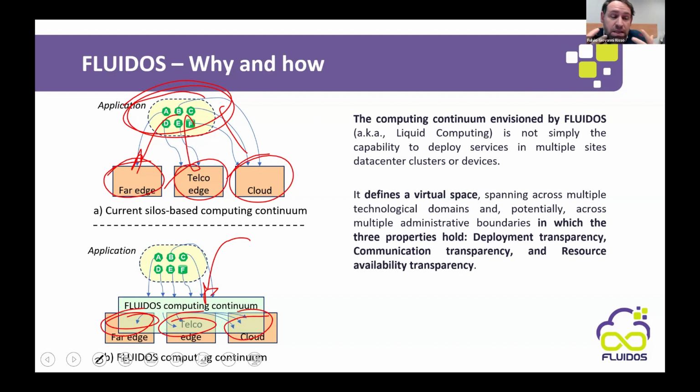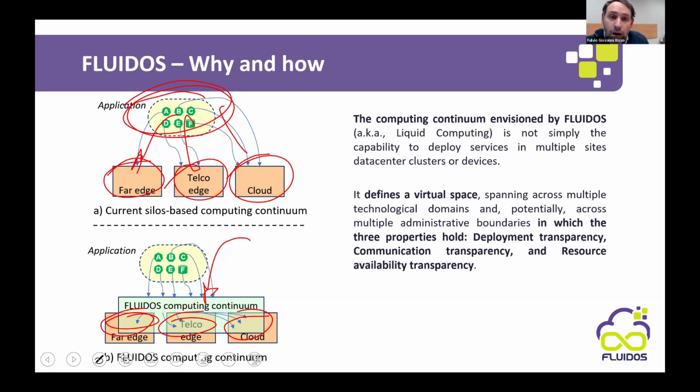So that's, in a sense, what we aim at doing in the FLUIDOS project. Our objective is to create the software primitives to create this virtual space that is highly dynamic, that supports the deployment of services and applications across a huge amount of devices, servers, cloud, and so on.